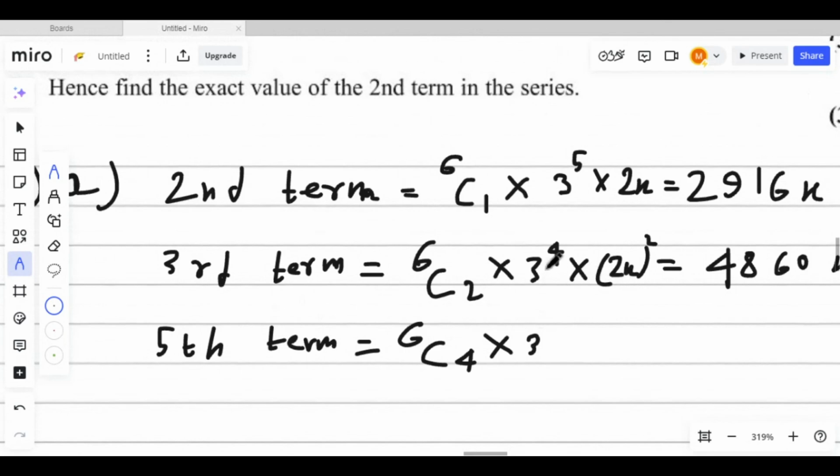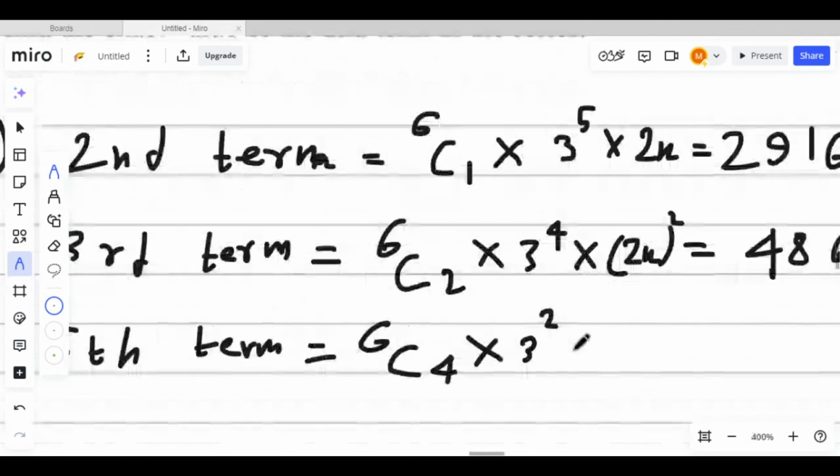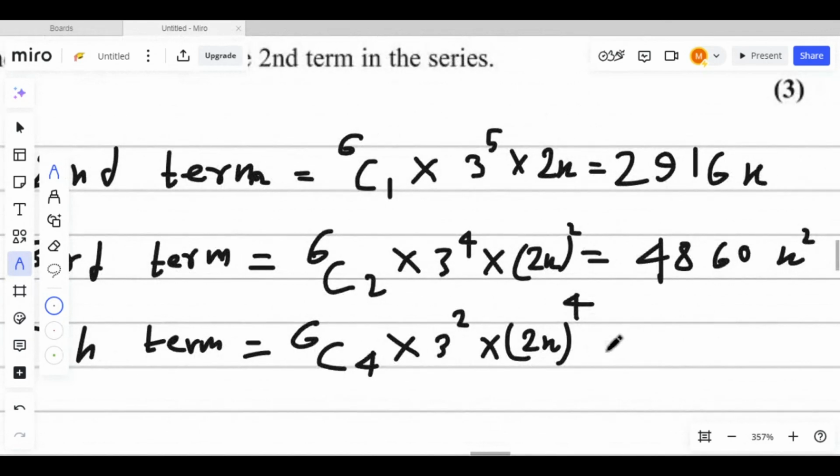In the fourth term, it will be 3 to the power 3. Yeah, in the fifth term, it will be 3 squared times (2x) to the power 4. So 3 squared times 2 to the power 4 times 6 choose 4, which is 2160x to the power 4.